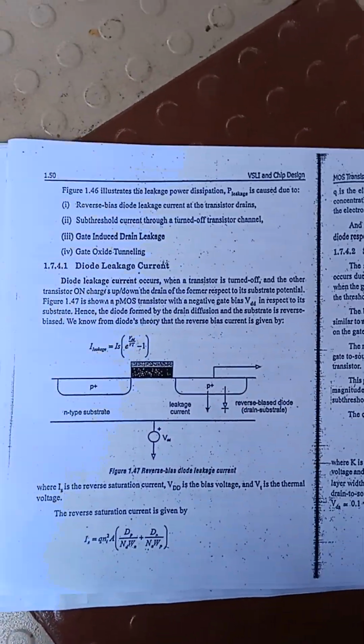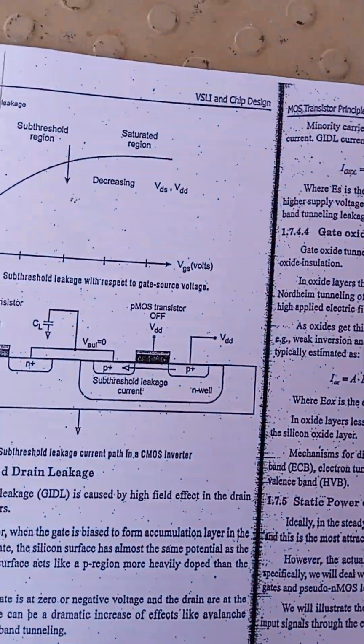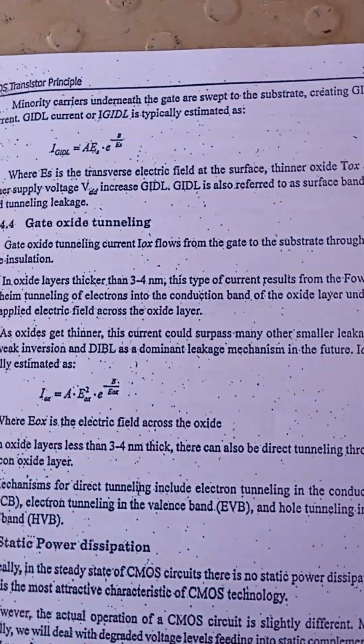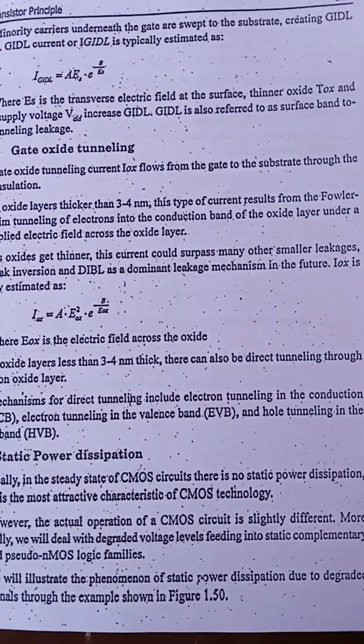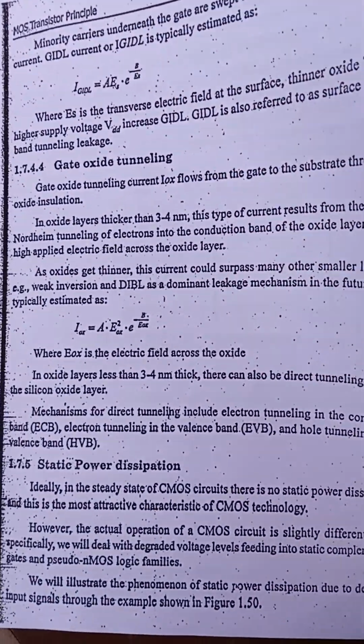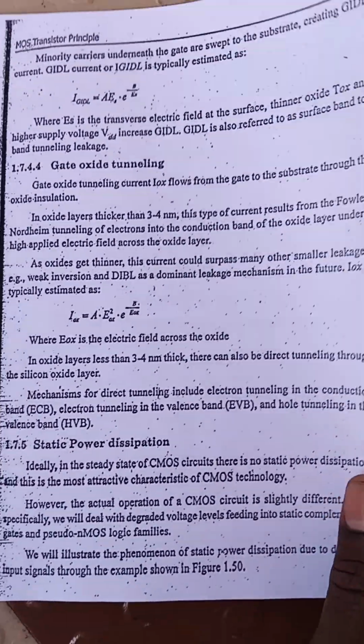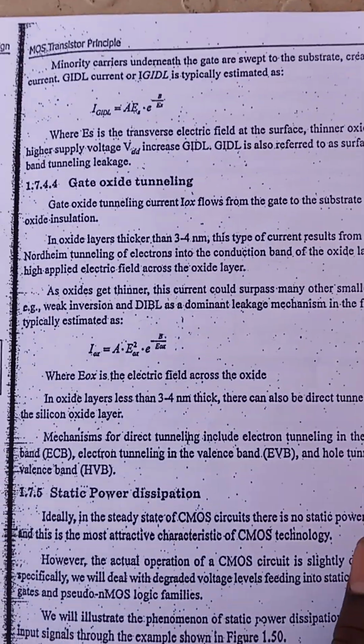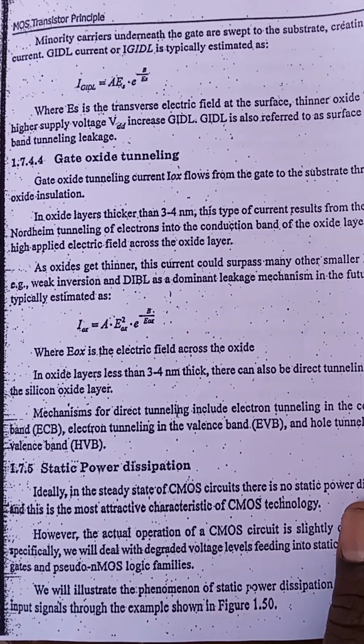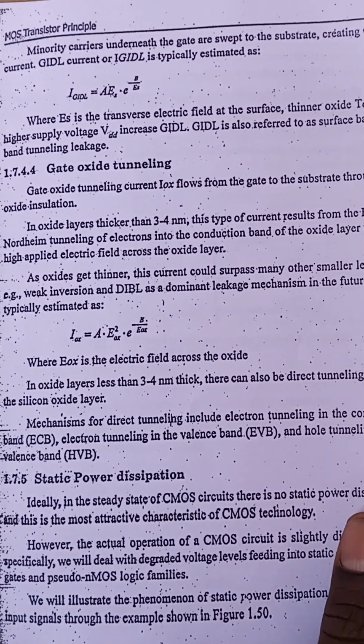Diode leakage current, subthreshold leakage current, induced current leakage, and gate oxide tunneling. These are the different types of leakage currents, the different reasons for leakage power dissipation.